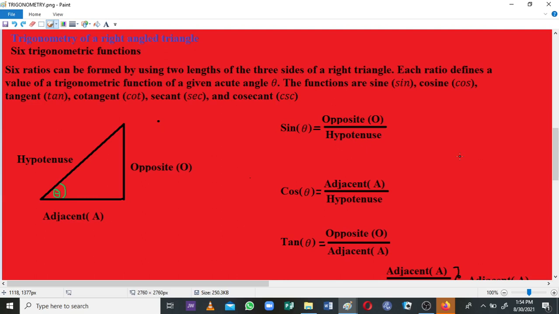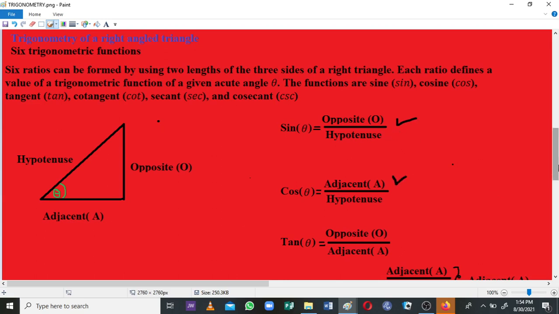So we are still looking at trigonometry of a right angled triangle. We are still on trigonometry, looking at the right angled triangle and the ratios. In the first video we considered what a sine ratio is.